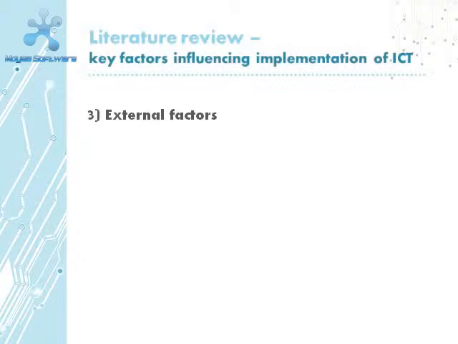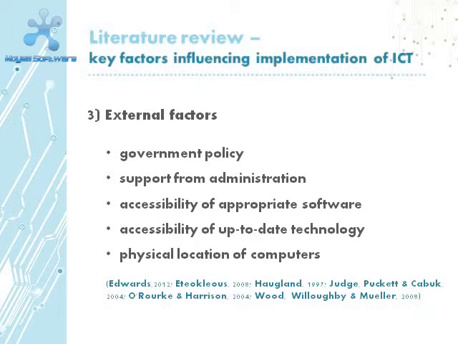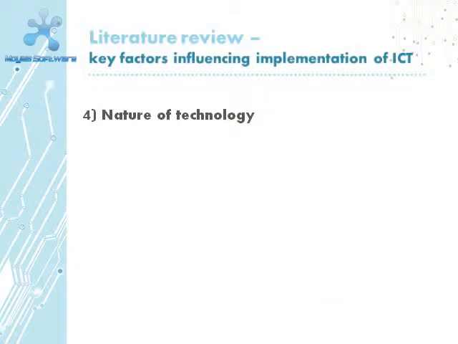External factors are also critical for the implementation of ICT in early childhood education. For instance, the government policy, the support from educational settings, the accessibility of appropriate software and up-to-date technology, as well as the physical location of computers. It is also found that the nature of technology itself is also a factor.